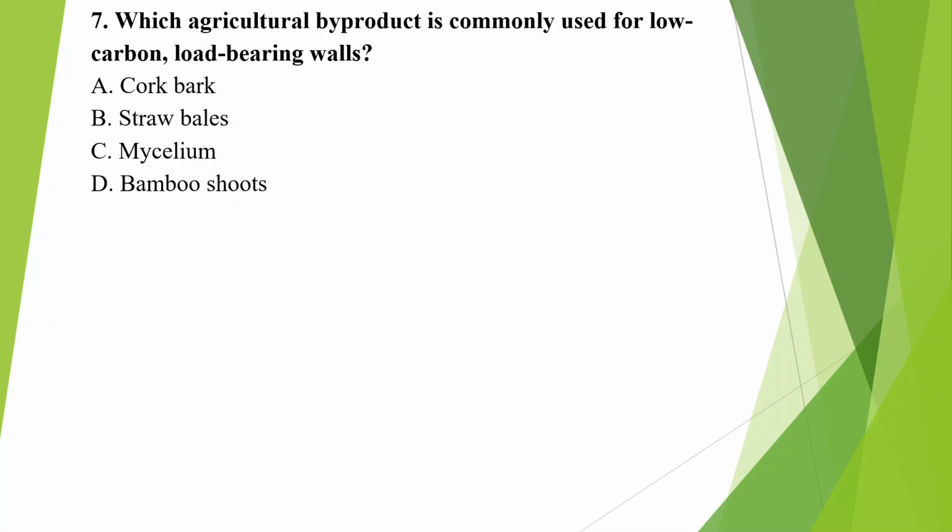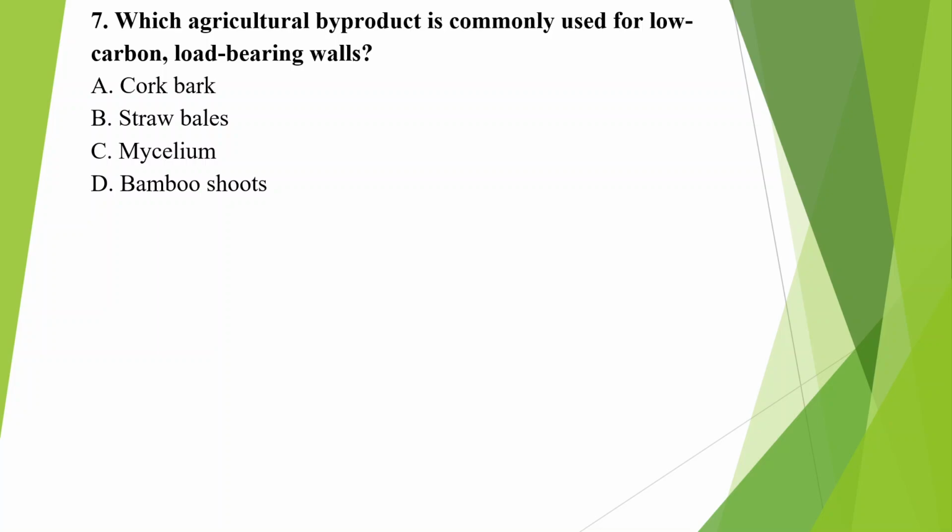But those who have marked option B, straw bales, are correct, because the question was asked: agricultural product that is commonly used for low carbon and load bearing walls. See the terms: it is asking about the agricultural product first of all, second low carbon, and third load bearing walls.